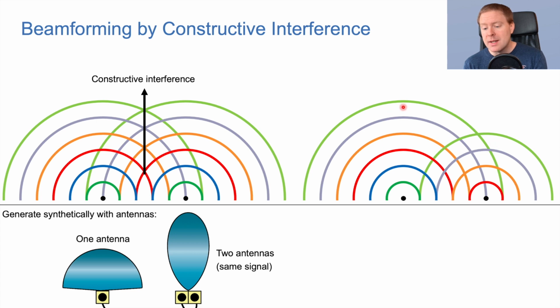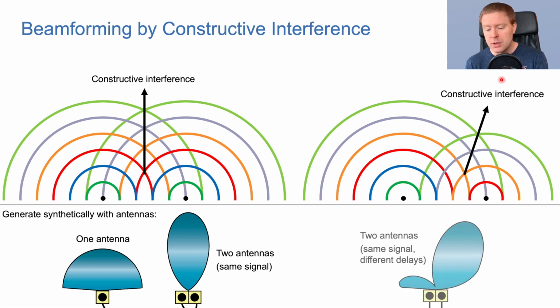So the green signal here has traveled further towards the right compared to the signal here. So we see that there are these locations here where we now see constructive interference, and we are essentially focusing the signal partially towards the right here. So what we are doing now is that we have two antennas. They send the same signal but with different delays, and that is enabling us to achieve constructive interference in a direction of choice.